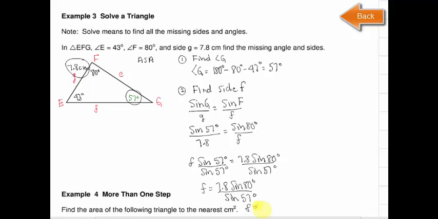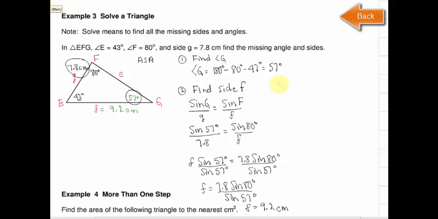So F is equal to, and I put all of that into my calculator, and I get 9.2 centimeters. Okay, and I'm going to work it out to the nearest tenth because my side G is to the nearest tenth. Okay, so put that on my diagram. F is equal to 9.2 centimeters.